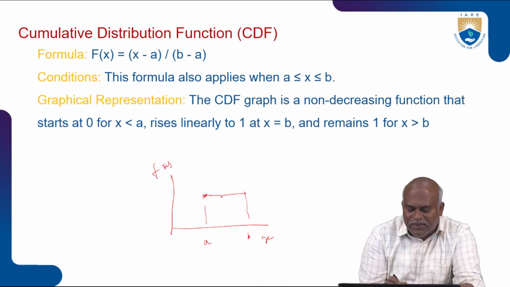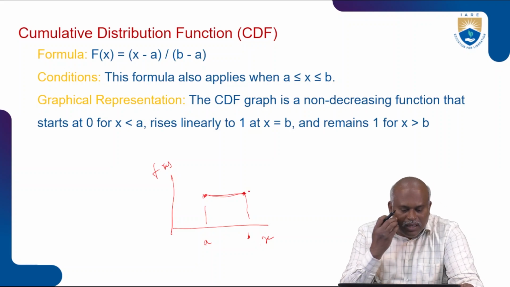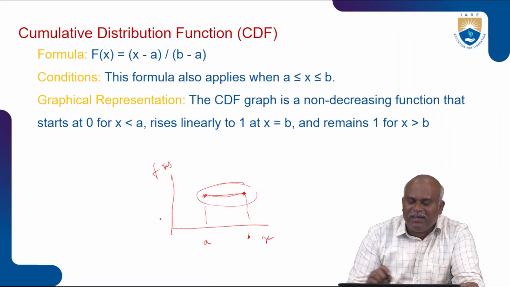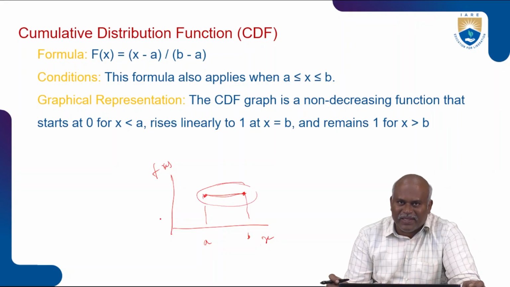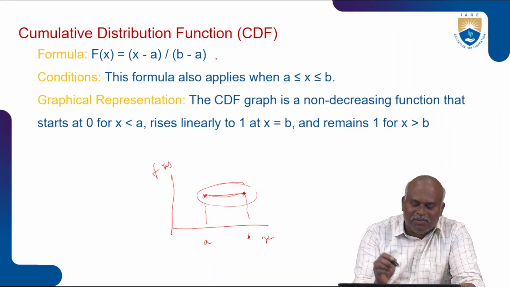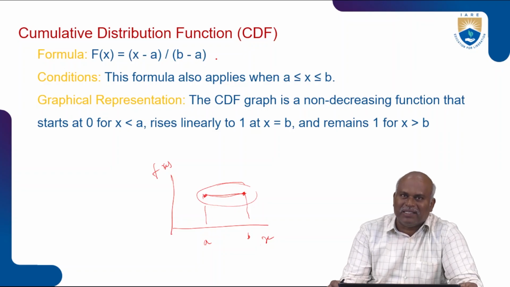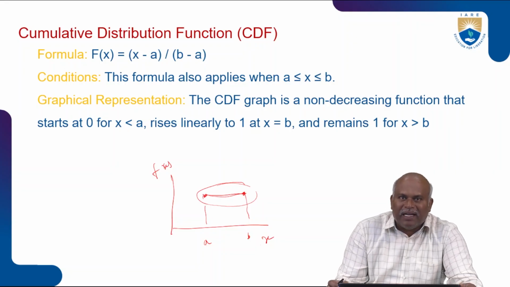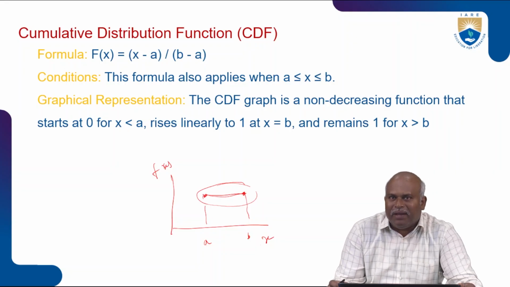Only this portion is going to happen for the distribution. We consider this line as one single straight line. The straight line formula is represented as F of x equal to (x minus a) divided by (b minus a). The formula appears when a is less than x, less than b.